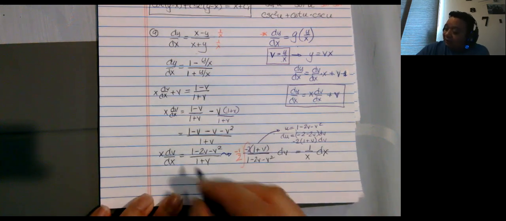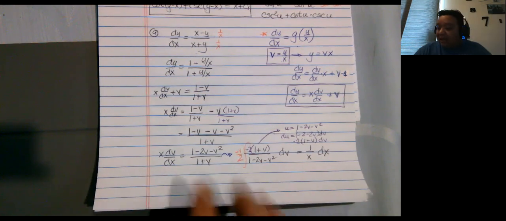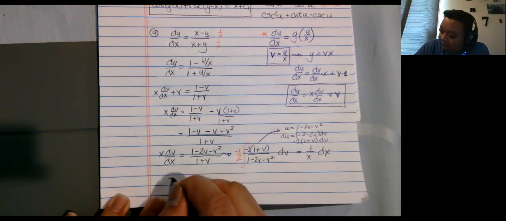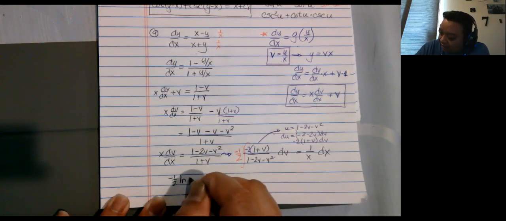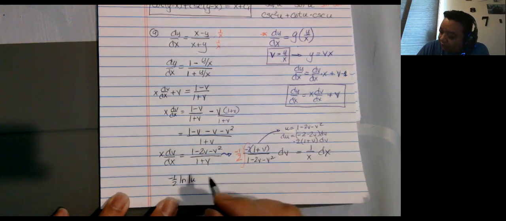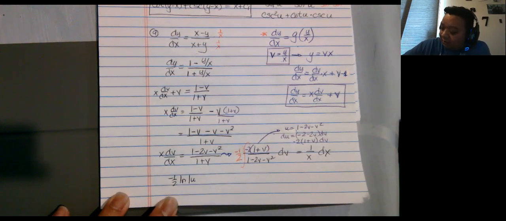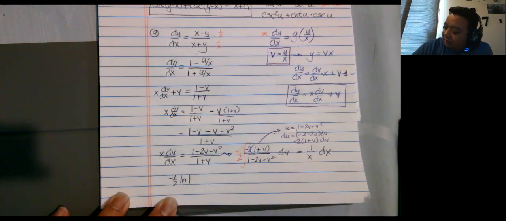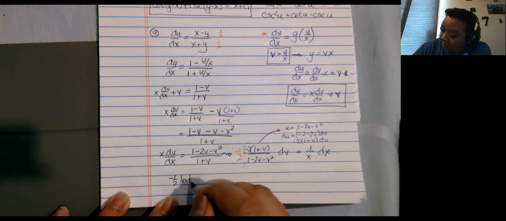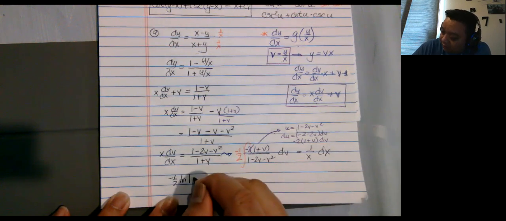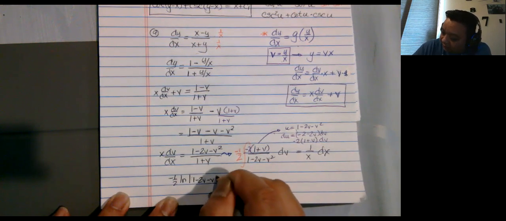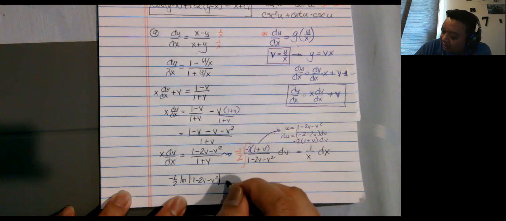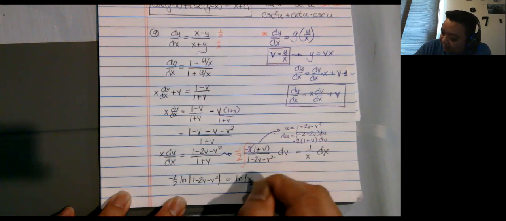So what you have is a negative 1/2 ln of v, sorry, ln of 1 minus 2v minus v squared, and then you have ln x on the other side.